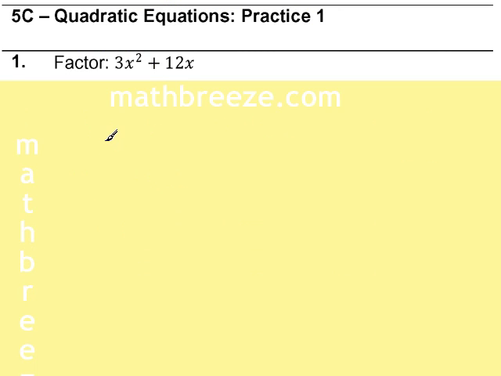We're going to practice 3 different types of factoring quadratic examples before we apply the factoring method to solving equations. So first let's factor this expression, and this one is factored by pulling out a common factor of 3x. So let's do that.